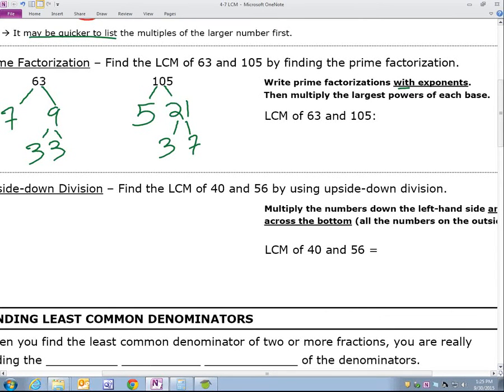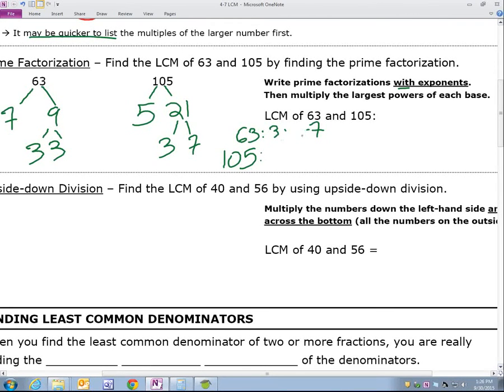So I'm going to reset these up. So I have 63 was 7 times 3 times 3. 105 was 5. I'm going to put them in order. 3, 5, 7.